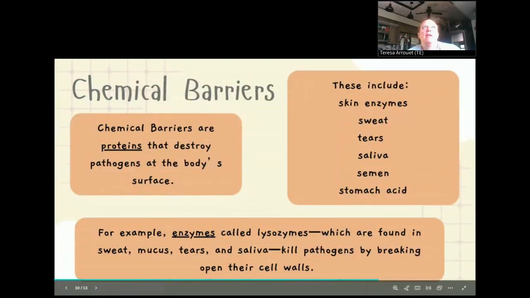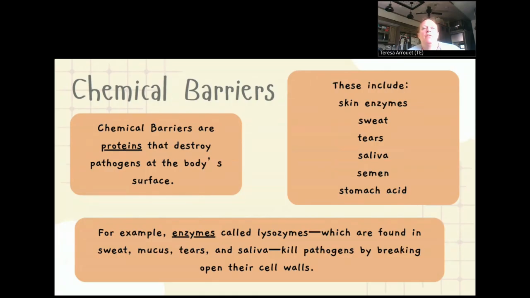So there are chemical barriers that are found in our skin, in our sweat, in our tears, in our saliva, semen, and stomach acid. And chemical barriers are proteins that destroy pathogens at the body surface. You know, your body makes proteins for all different kinds of stuff.